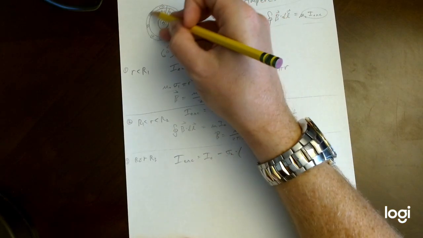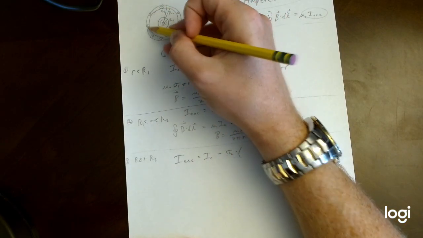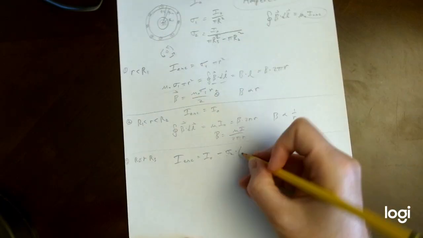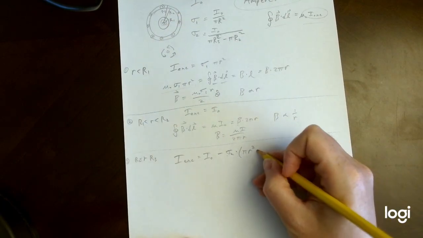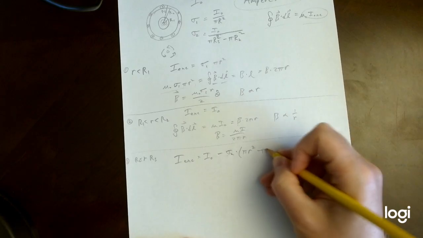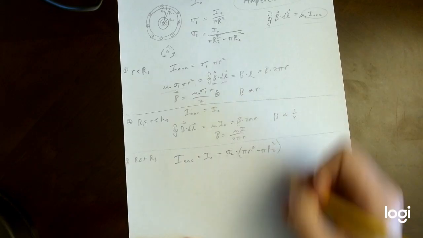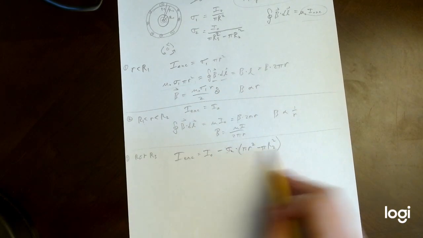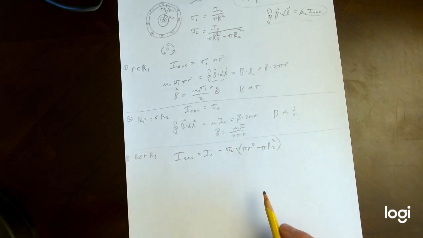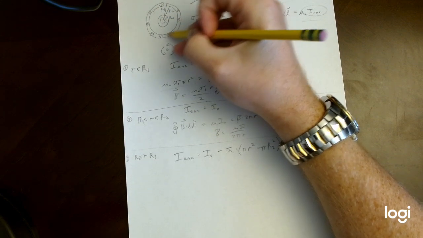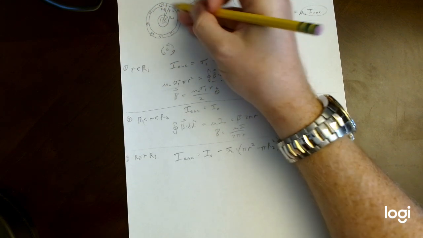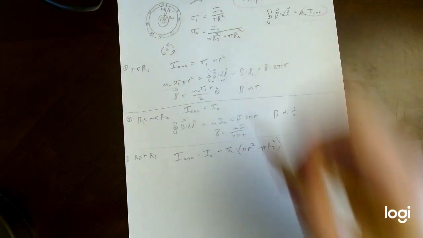So if we drew a little loop that's in between these two circles, we would say that we have pi little r squared, subtract from that pi R2 squared. That would be the area of the little annulus defined by the inner circle R2 and wherever we are, little r, inside that loop.